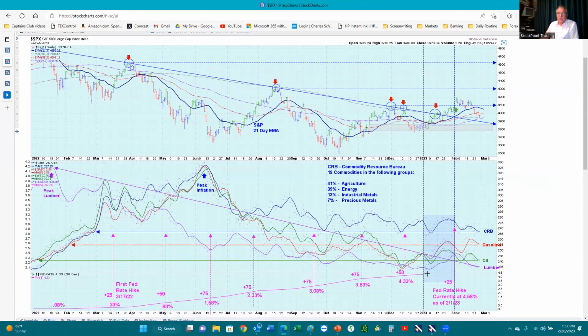So it was reporting on January's numbers. And you can see in January, all of these key ones, the CRB, agriculture, energy, metals, all went higher for the most part in January. So did gasoline, so did oil, and even lumber went up. So I was expecting to see a higher CPI report.